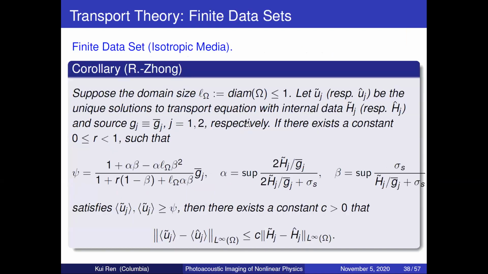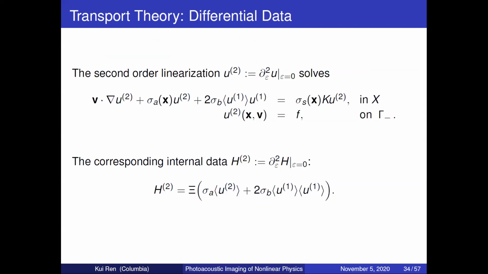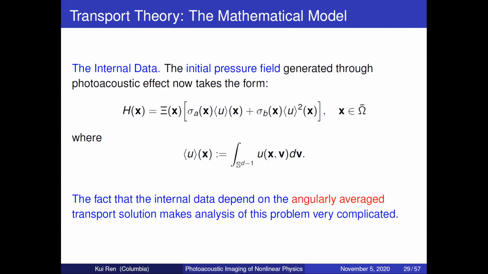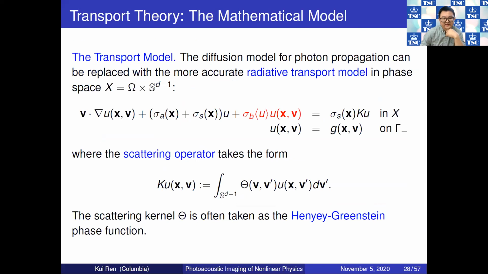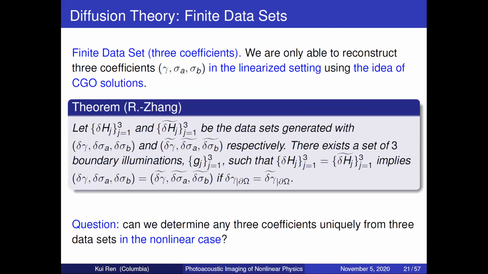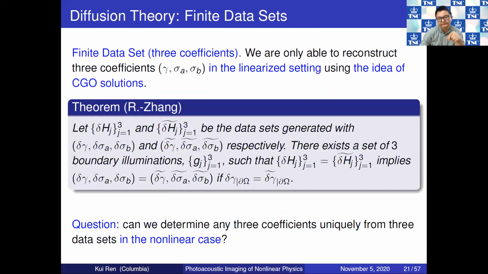Yes. I didn't understand, how do you proceed to the linearization when you have a finite number of data? When you have a finite number of data, you cannot do linearization exactly, right? Okay, so what is your meaning of linearized problem? You can still do an approximation, a finite difference approximation, right?